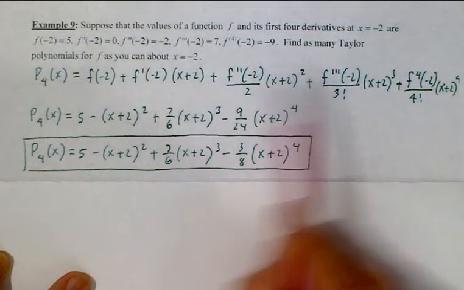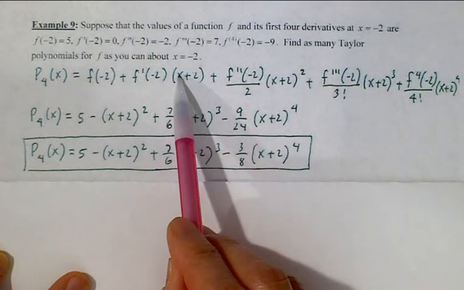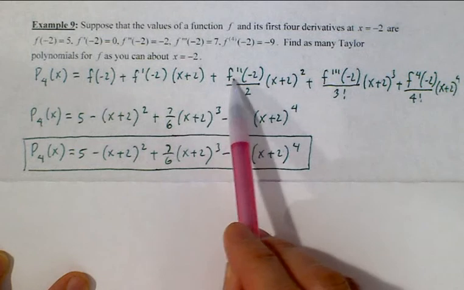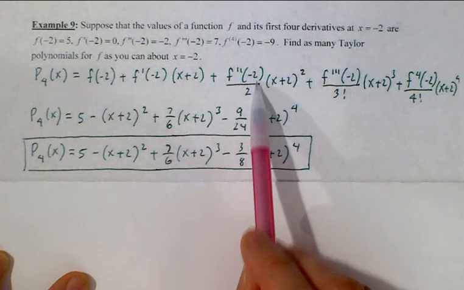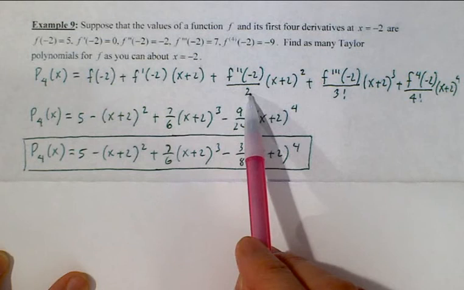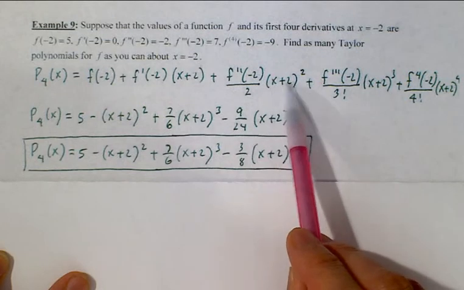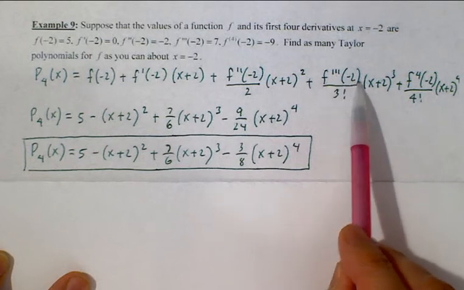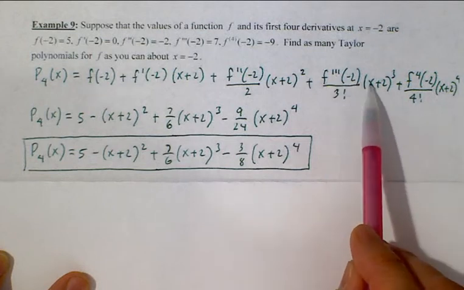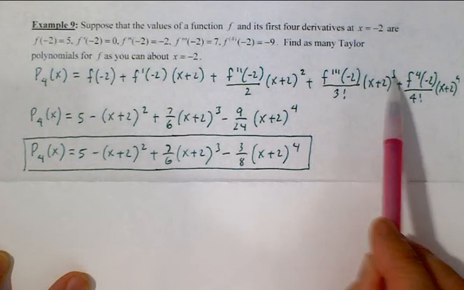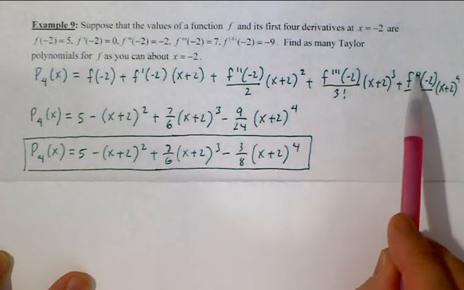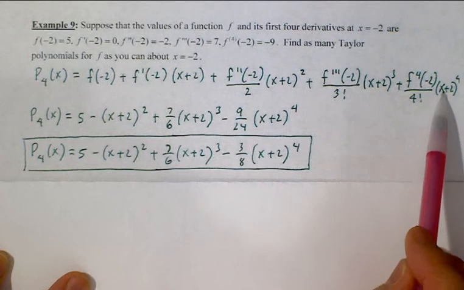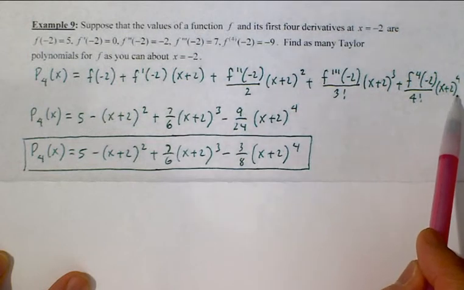So since x is equal to negative 2, it's really x minus a negative 2, which is going to be x plus 2, plus f double prime of negative 2 all over 2 factorial, or just 2, times x plus 2 raised to the second power, plus f triple prime of negative 2 all over 3 factorial times x plus 2 to the third power, plus f of the 4th derivative at negative 2 divided by 4 factorial times x plus 2 to the 4th power.